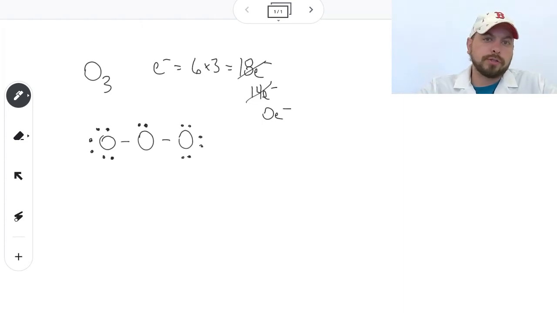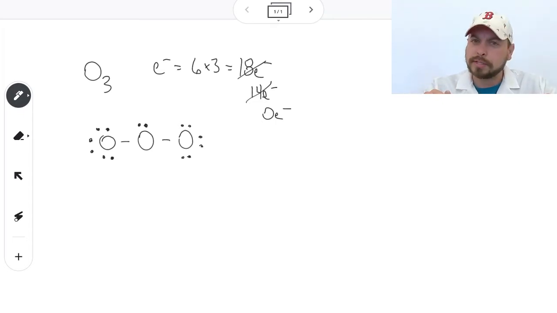If you look at the structure of ozone as I've drawn it, you can see that we wouldn't be done yet. The central oxygen doesn't have enough electrons. It only has 6: 2 in each of the 2 covalent bonds, the single bonds, and 2 in the lone pair. That's 6 electrons, and that's not okay. The oxygen in the center needs another 2 electrons.